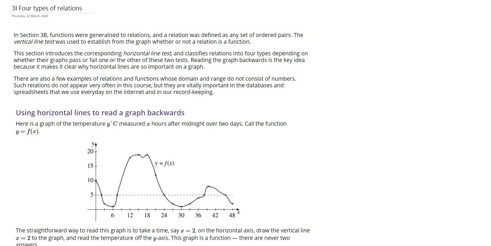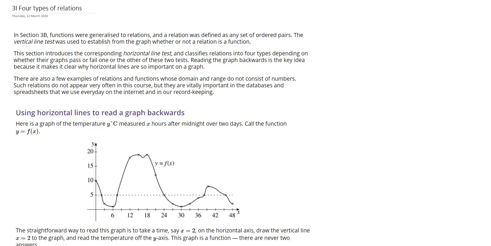I think it's one-to-many. Yeah, it's one-to-many. And it does tell us if the inverse of a function is going to be a function. But I don't think we deal with that in this section, but it's something that we've touched on in the extension class. So the horizontal line test classifies relationships into the 4 types depending on what their graph goes through.